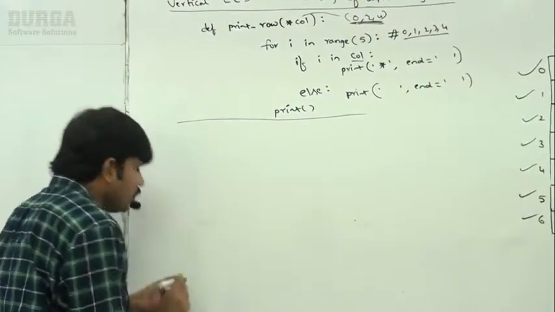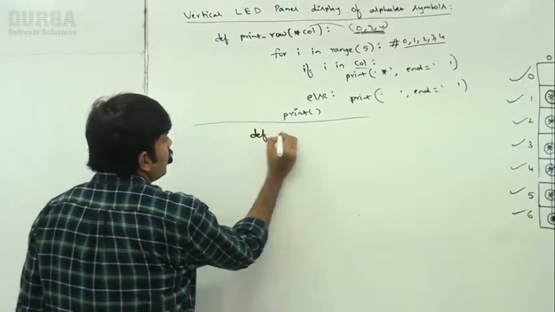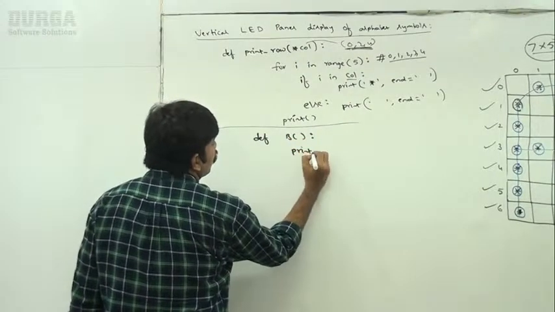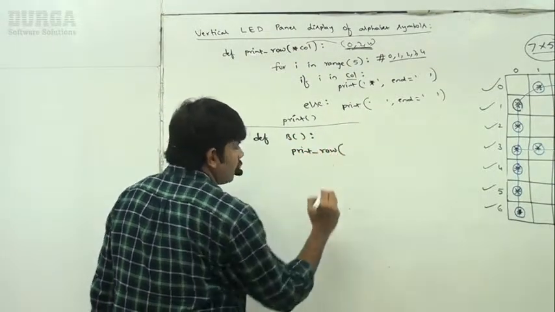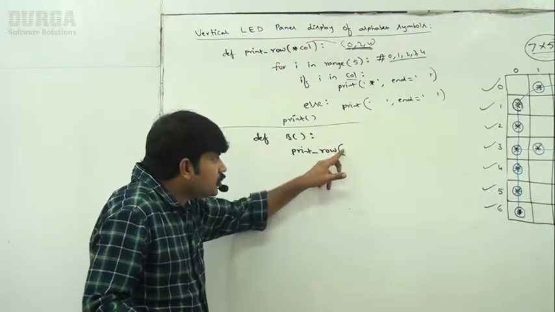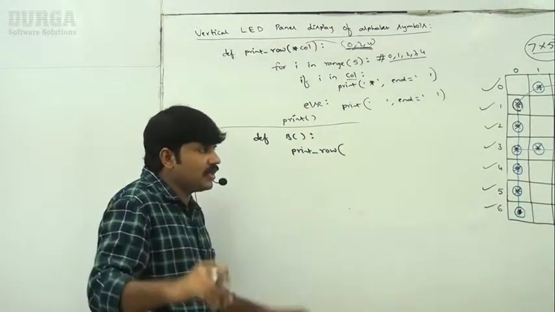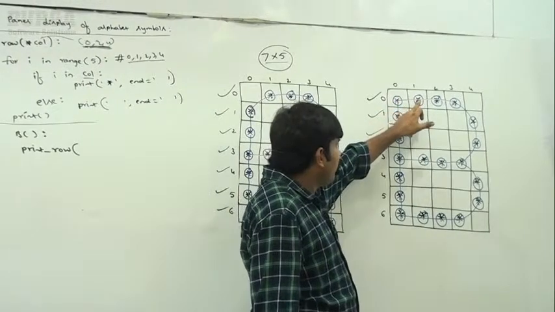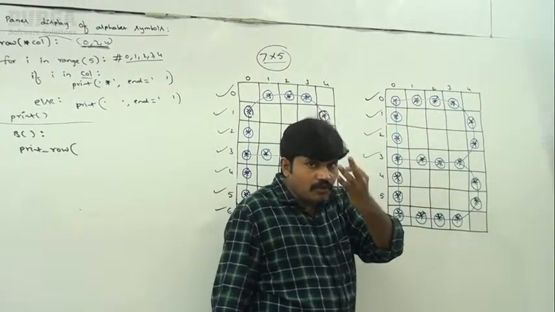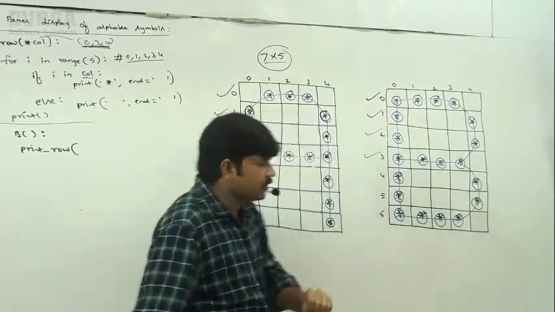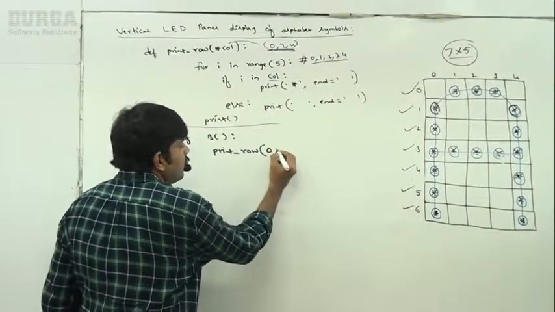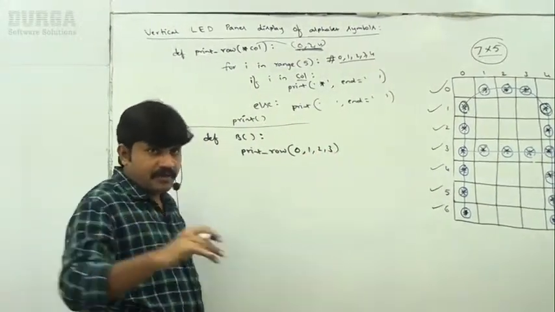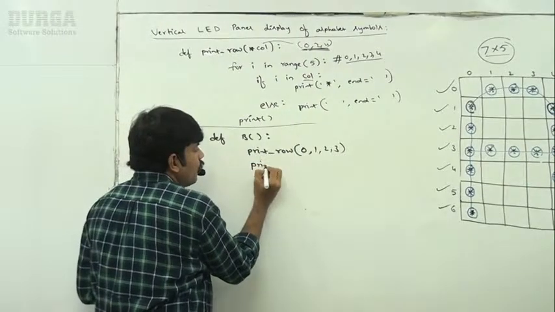Very simple: def B. I'm printing, sir, print row. So how many star symbols does the first row contain? Observe carefully: 0, 1, 2, 3, 4 positions. So the first row is printed. Now the second row.